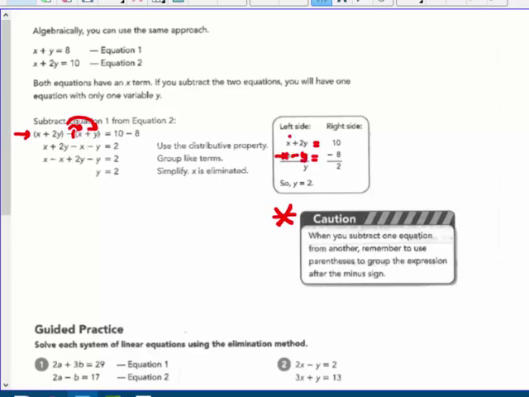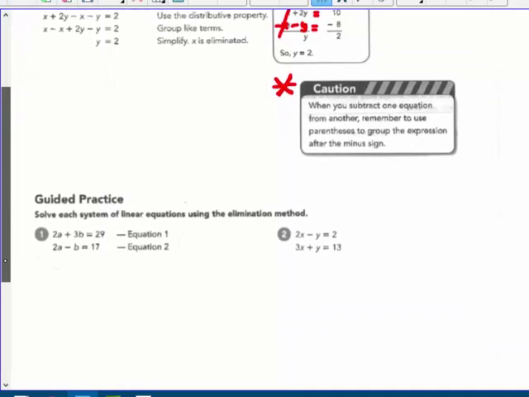Well, x minus x, those cancel. That's what we want to do. We want to eliminate one of the variables. So 2y minus a y gives me a y, and 10 minus 8 gives me a 2. So yes, y does equal 2. The x has been eliminated.